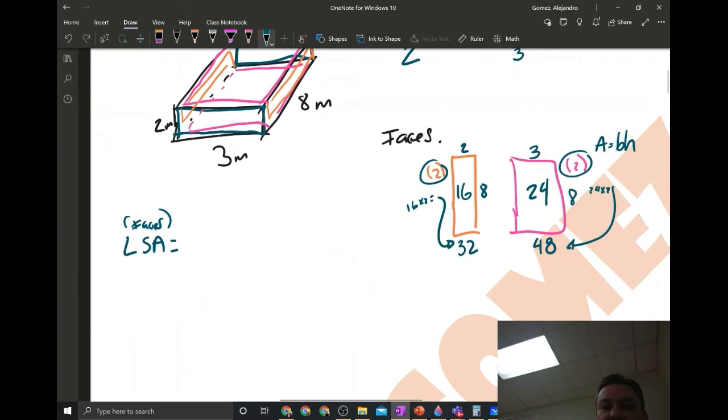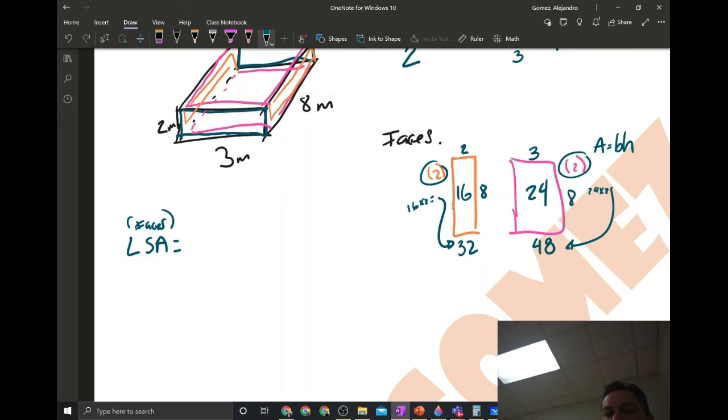And now, to find the lateral surface area, all I gotta do is add everything up. So this is gonna be one of my faces, the orange one, 16. But I have 2 of them, plus the pink one, which is 24, but I also have 2 of them.